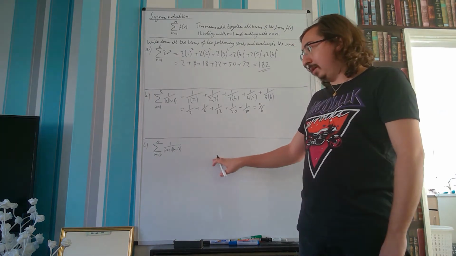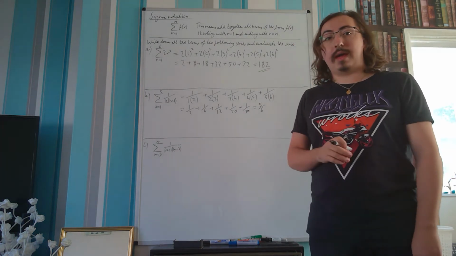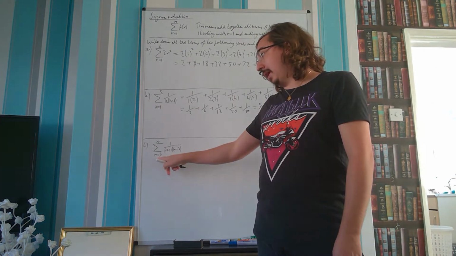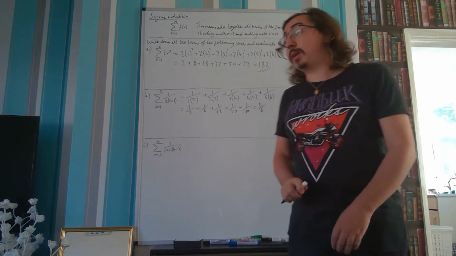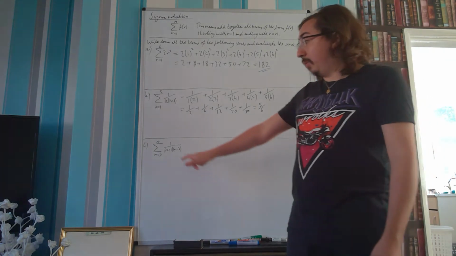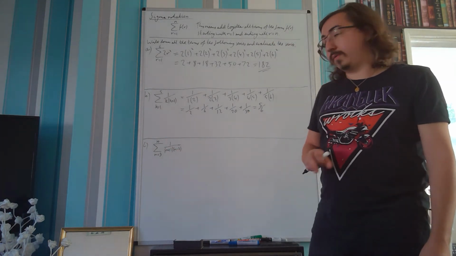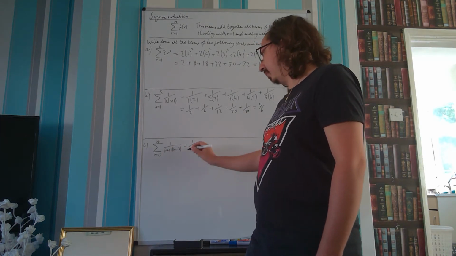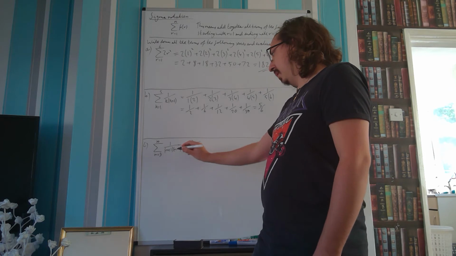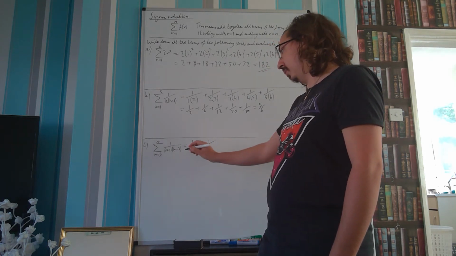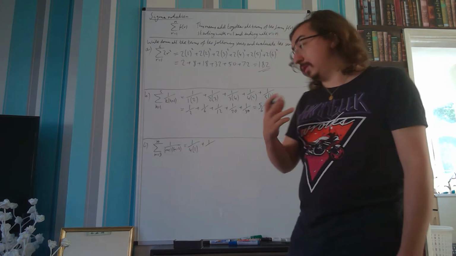Similar idea again with part C. This time we've got n as our variable, and our starting n value is 3. So we don't care about n equals 1 or 2. Our starting value is n equals 3, and we're going up to an n value of 10. So we have 1 over 3 plus 1, which is 4, 3 minus 2, which is 1, plus 1 over our next n value, which is 4.